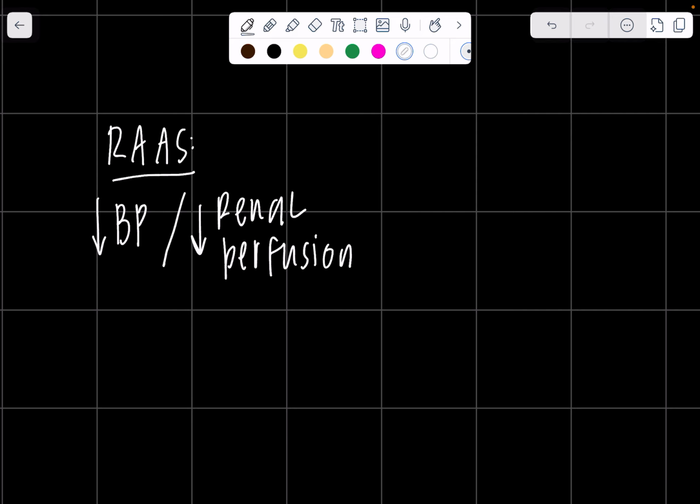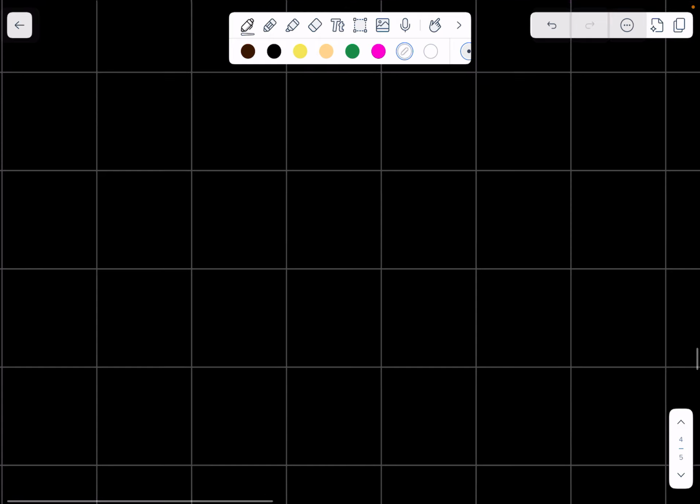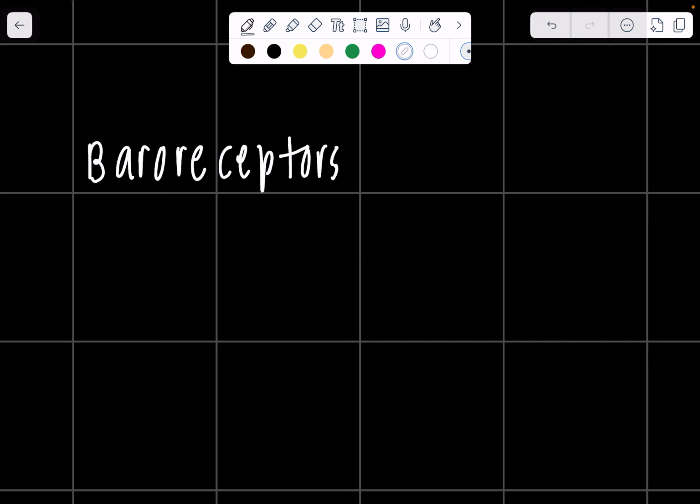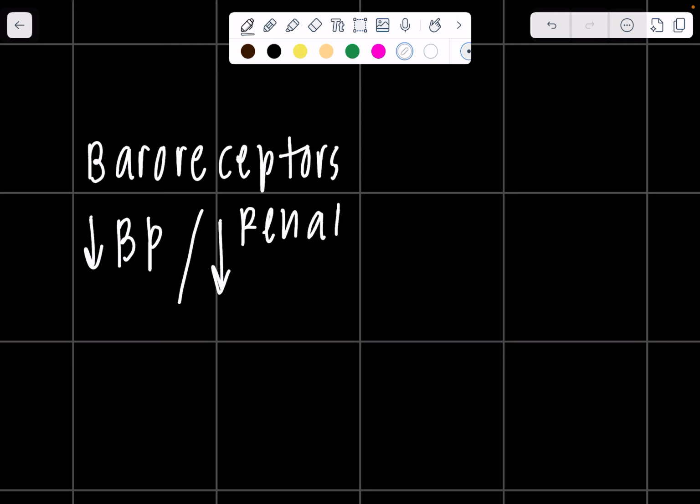So let's start off with our low blood pressure and our low renal perfusion and see how it will trigger the RAAS system. We have these receptors in our kidneys, and they are called baroreceptors. What they do is they have the ability to sense if our blood pressure is low or if the renal perfusion is low.